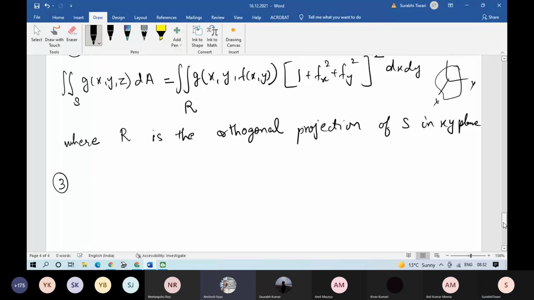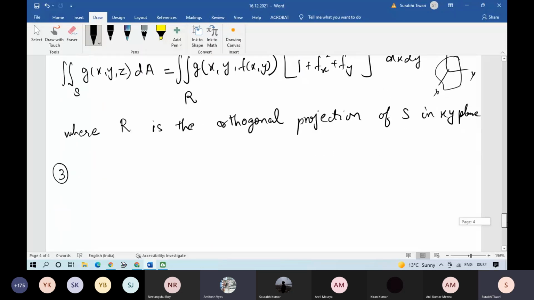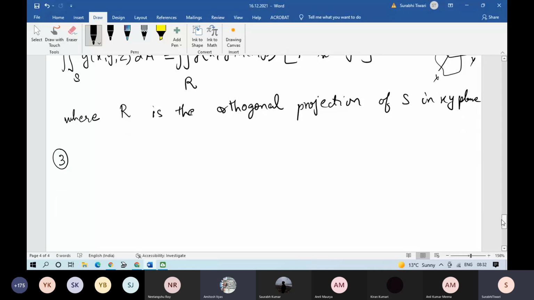थर्ड इज, अभी फॉर्मूले लिख लो, फिर जब अप्लाई करेंगे क्वेश्चन में तो ज्यादा क्लियर होगा. Again if S is represented by equation of the type y is equal to a function of x and z, then how do you calculate the surface integral?